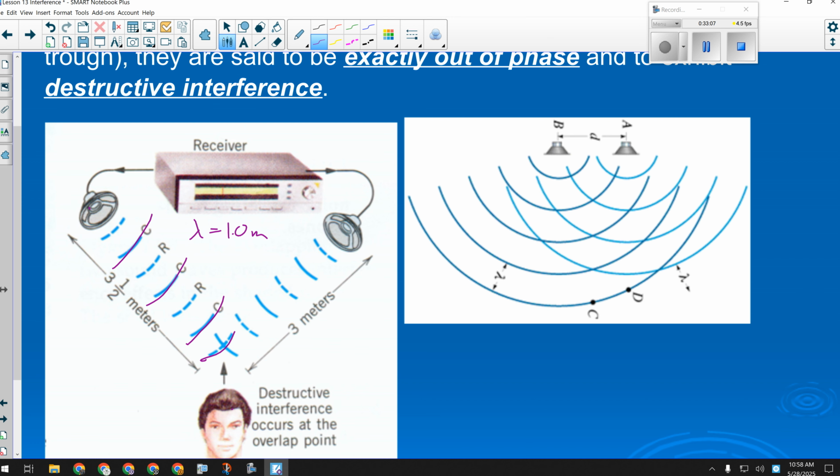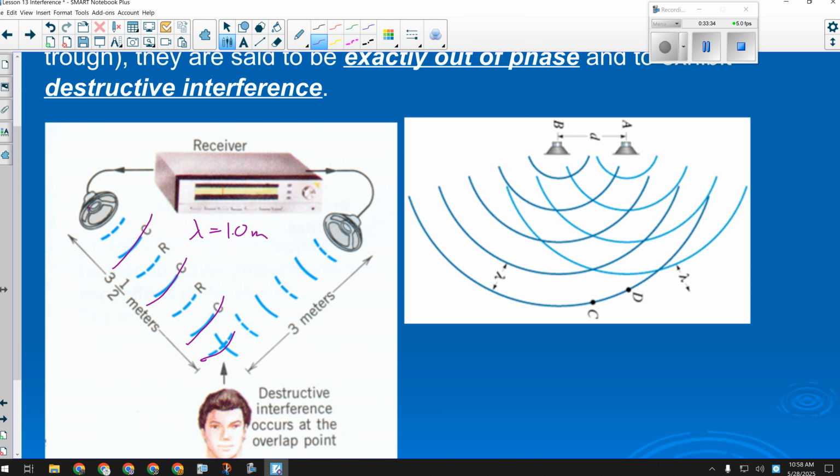Remember that a crest and a trough are always half a wavelength apart. So now, when the waves arrive from this speaker, they're a trough. From this speaker, they're a crest, and now they're canceling each other out, and that person is standing at a point of complete destructive interference where they would hear nothing. Everybody with me there?